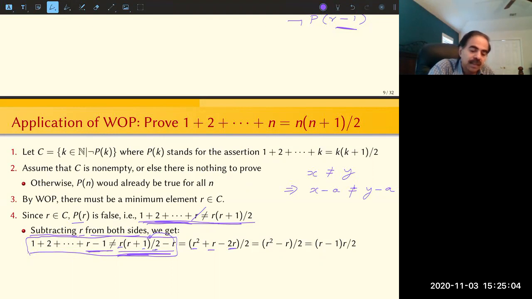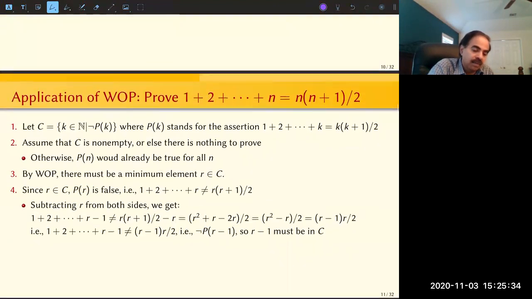So we have this, and then we can cancel those two, and you will end up with R square minus R divided by 2, which you can factorize by pulling out R. So you'll get R minus 1 times R divided by 2. That's what you get from this.